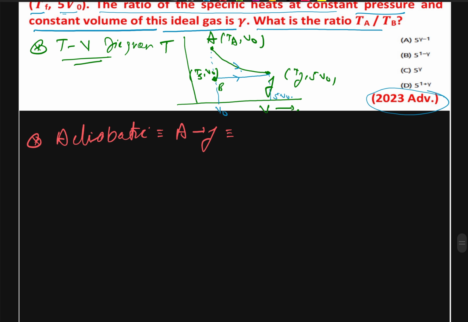Okay, so we can write this as our PA, V naught, TA, and this goes to our PF, and volume is our 5 V naught and temperature is our TF.